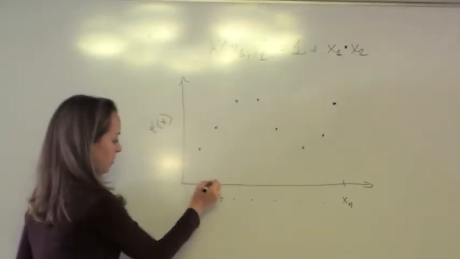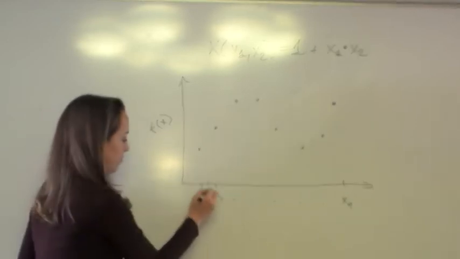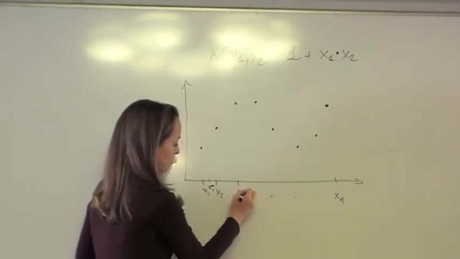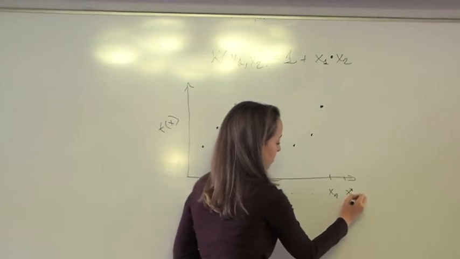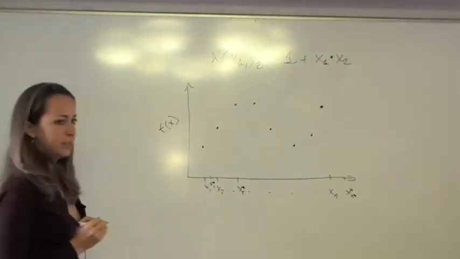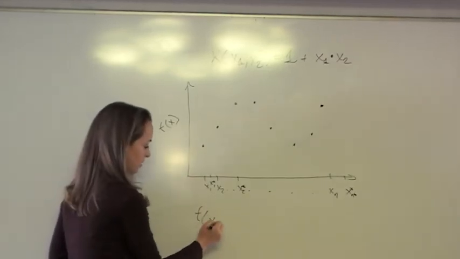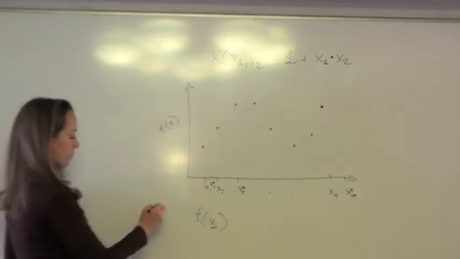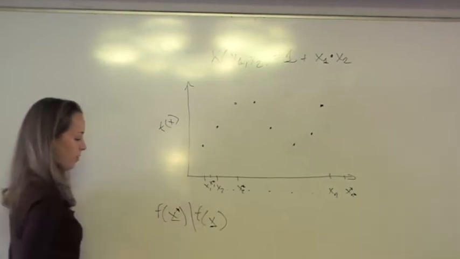Now suppose that we wanted to have additional samples of the function, say at x1 star, x2 star, ..., xn star. How would we do this? If we've already sampled f at x, how do we sample f at x star, given what we've already sampled?